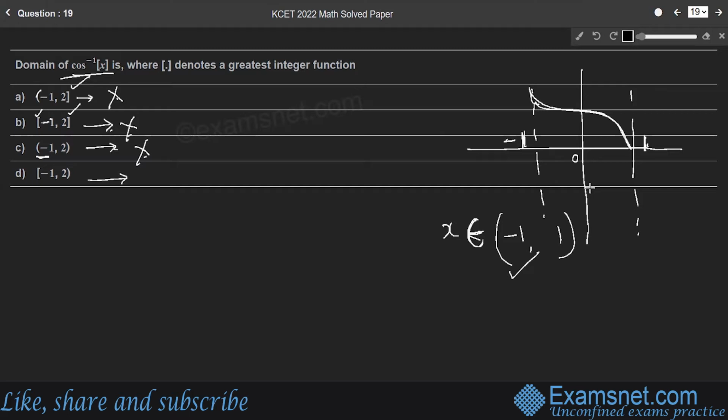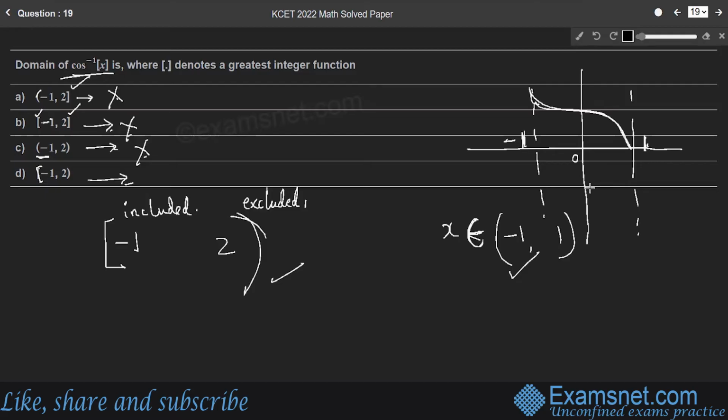Whereas in option D, minus 1 is included since it is a closed interval, so the value can be minus 1, whereas 2 is excluded. It is an open interval, so 2 is excluded.